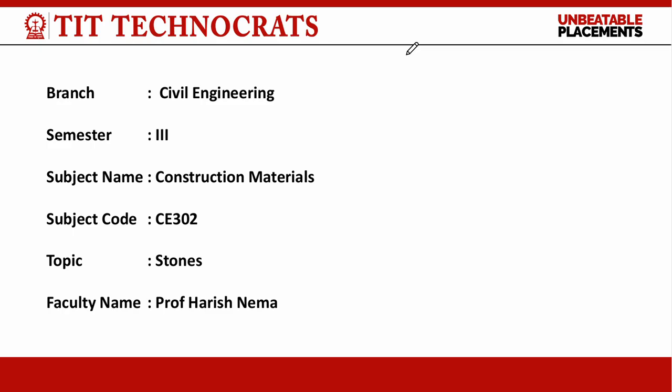Before we start our lecture on the next topic, first I want to introduce you to this subject. We can say that all building structures are composed of different types of material.